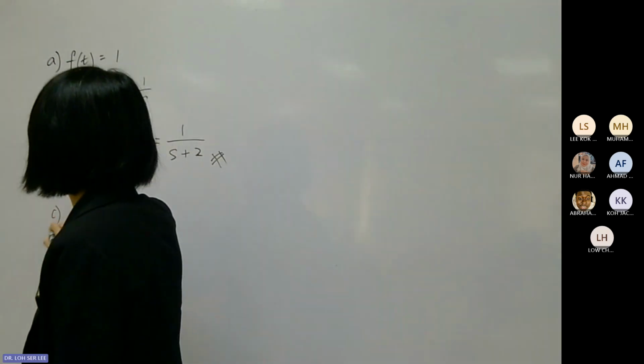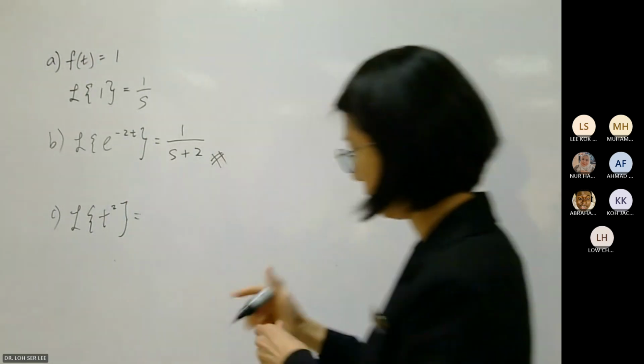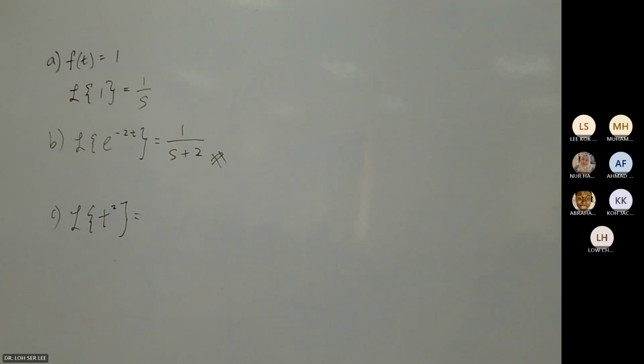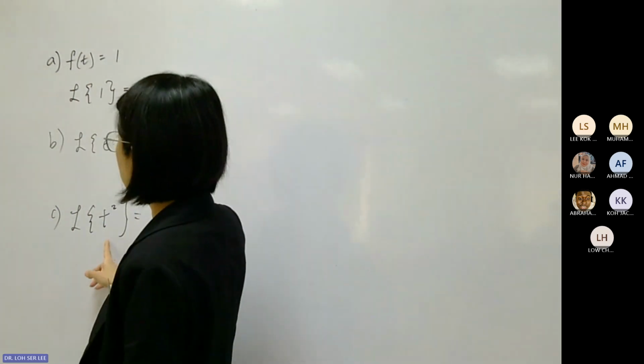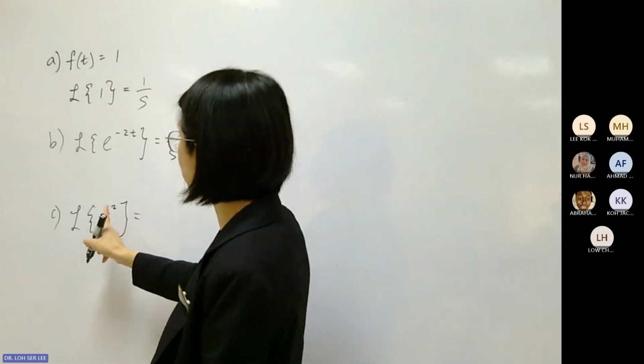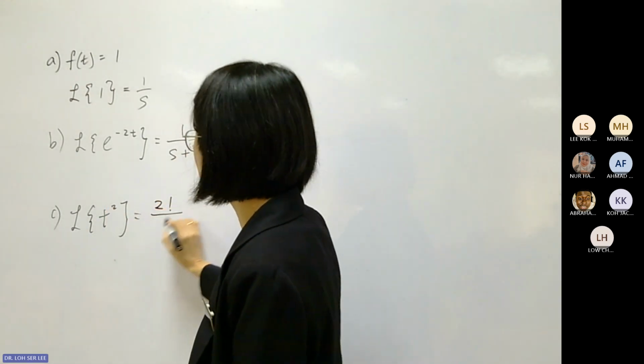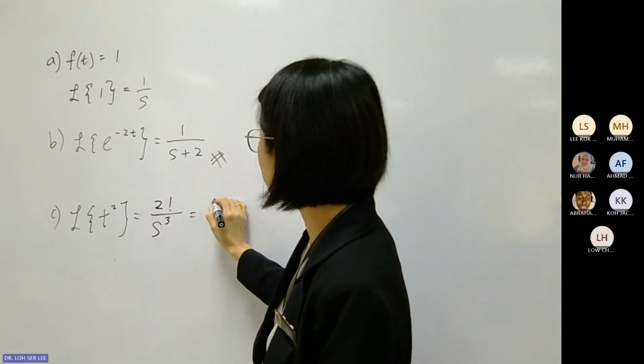Next one is t squared. So n is 2. We have 2 factorial over s^(2+1), which is s cubed. 2 factorial is 2.